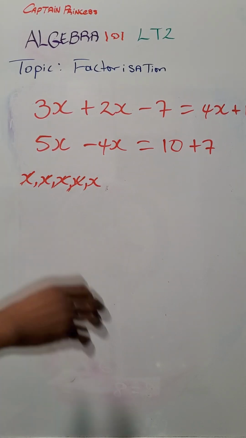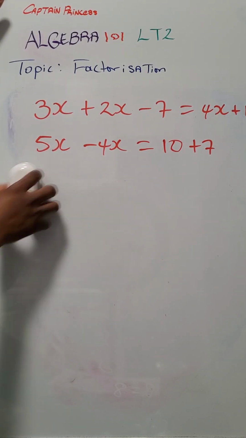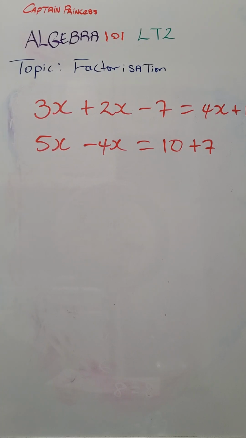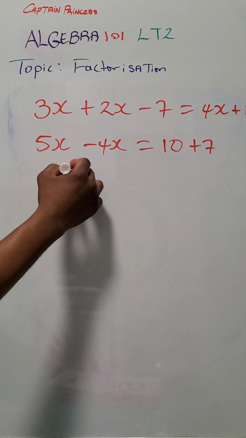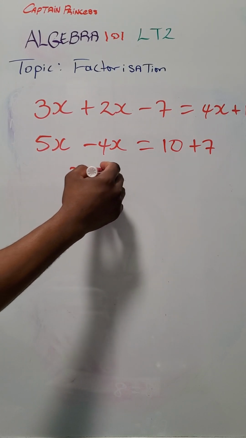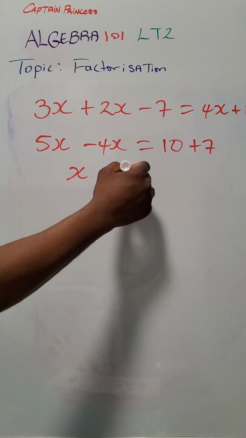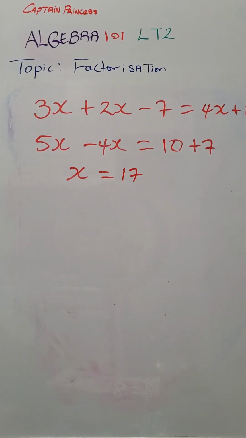That's one way how to do it. Look, so we end up with a positive x is equal to 17. So if you want, you can put the value of x into the original equation and solve for your answer.